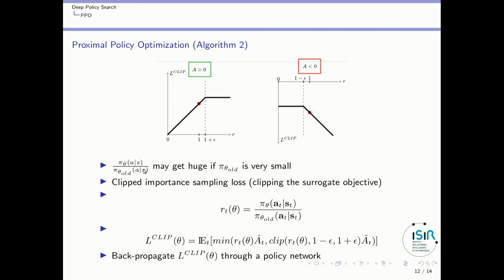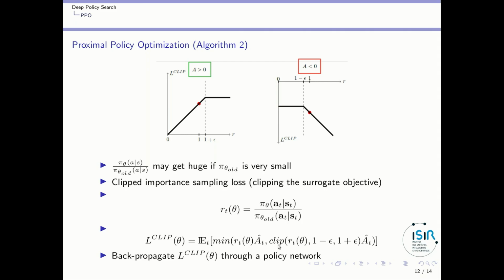So what John Schulman suggests is just to clip this importance sampling term so that it never goes above 1 plus epsilon or below 1 minus epsilon. So it won't go to plus infinity or minus infinity. So that's again this term, and the idea is that you clip it.